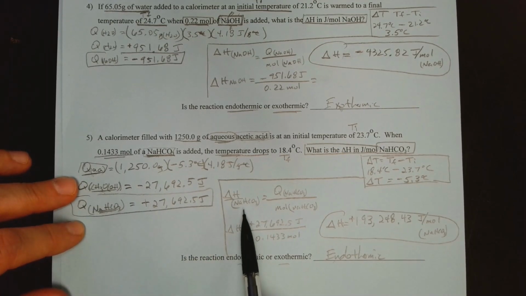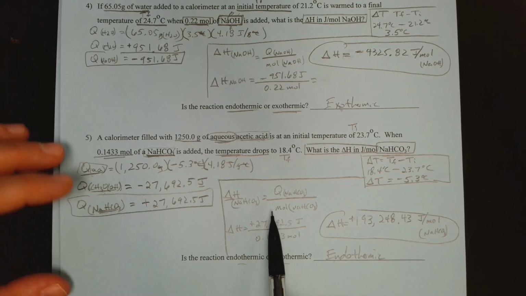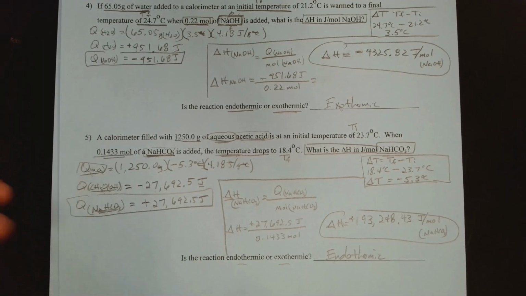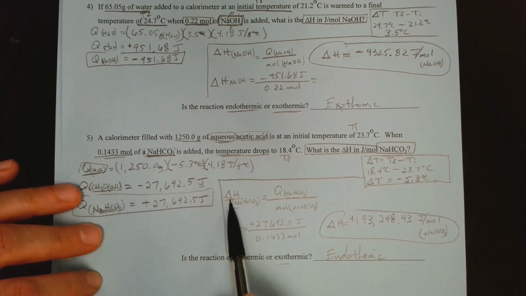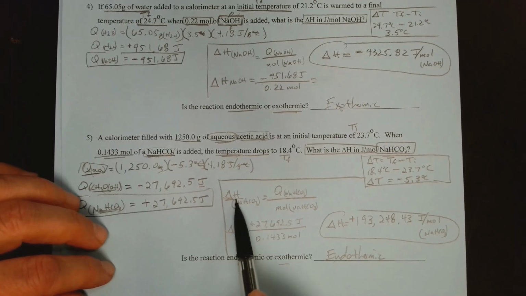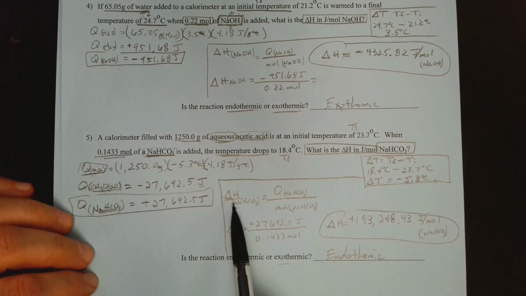Because remember, you guys, we can't measure enthalpy. We have to calculate it using what we would call indirect evidence. And the indirect evidence is what's happening with the temperature of the substances themselves. So once we know the temperatures, then we can calculate, and there's not like some enthalpy thermometer out there. There's no delta H thermometer that we can just stick into a substance and go, oh yeah, that's the enthalpy.